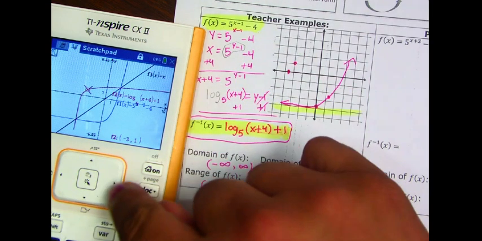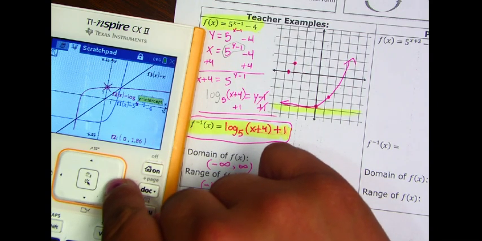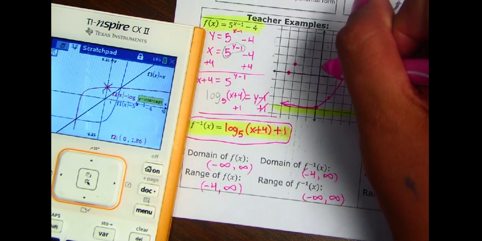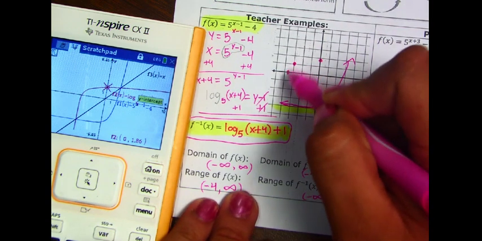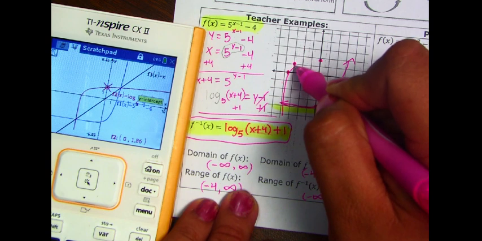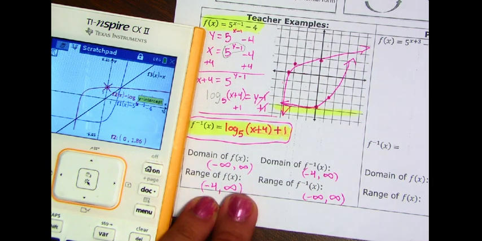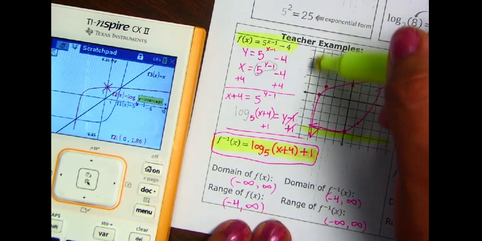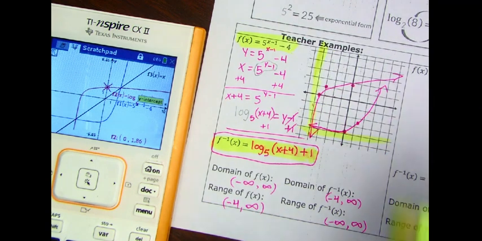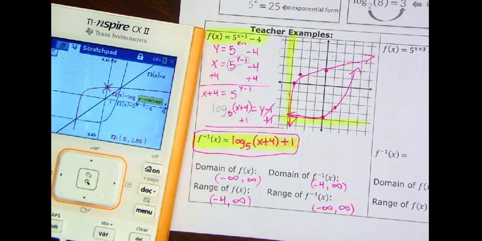And it looks like it's going to touch at 0. So I'm going to draw the asymptote there. And again, it's just a sketch, so it doesn't have to be perfect, but the asymptotes remind you of where those limitations are.